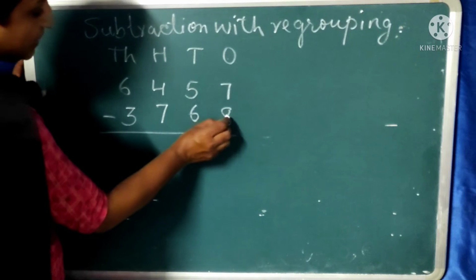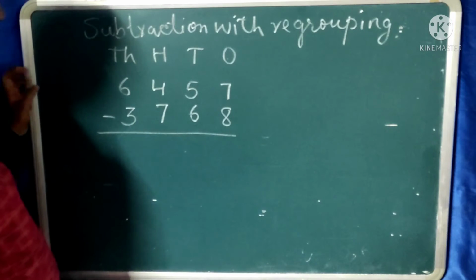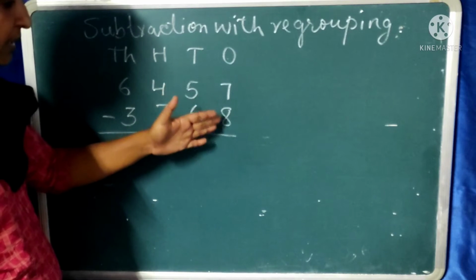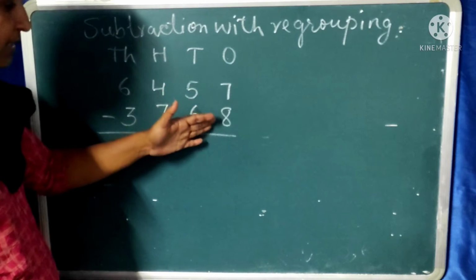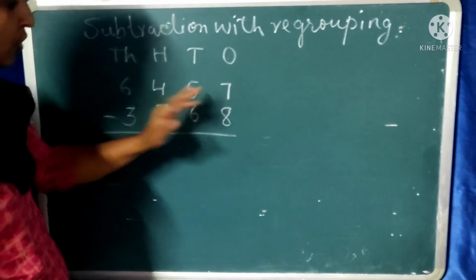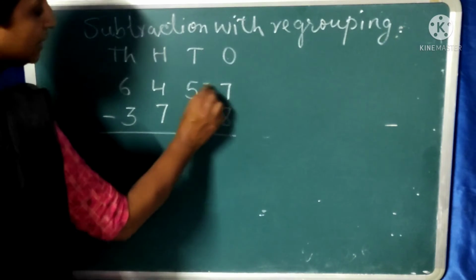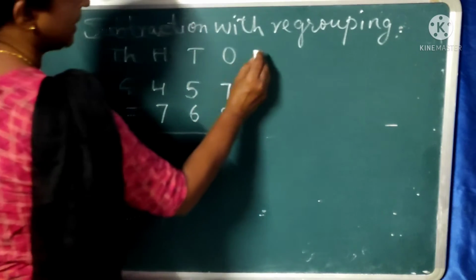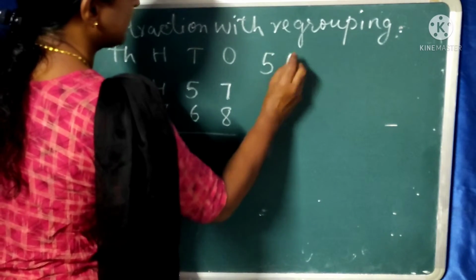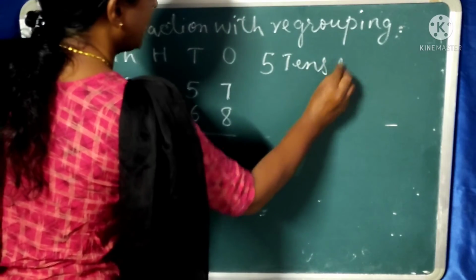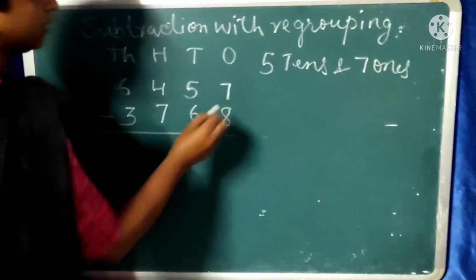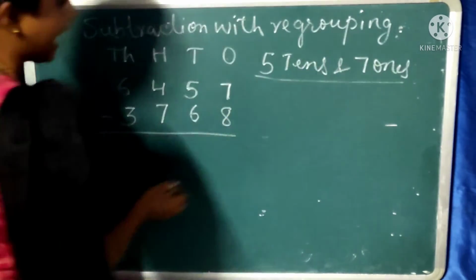Here we have to subtract 8 from 7. But we cannot subtract 8 from 7 as 8 is greater than 7. So what we have to do is regroup these 5 tens and 7 ones.